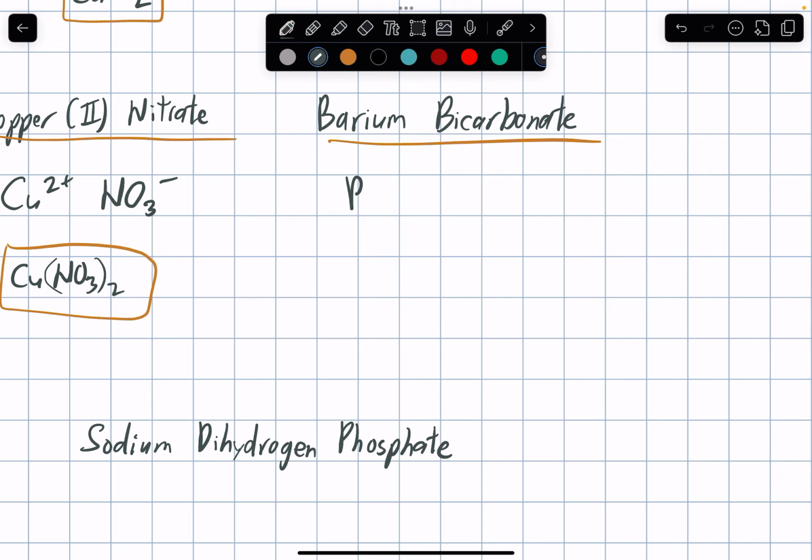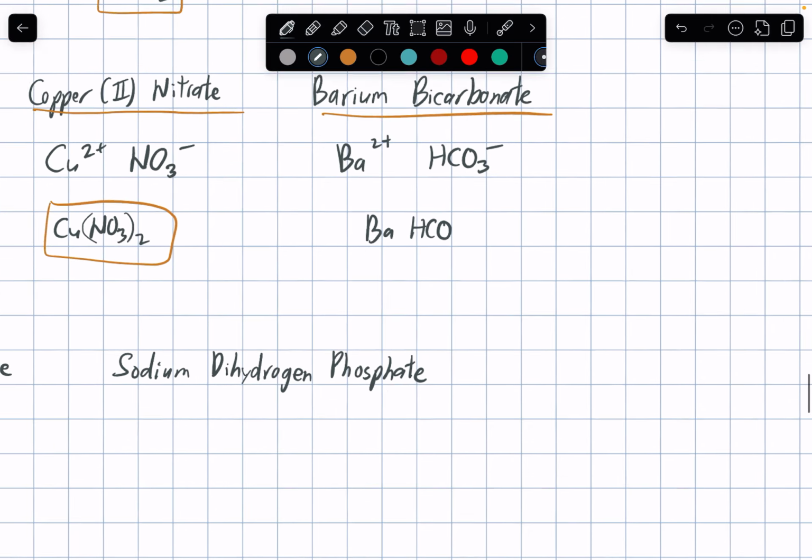How about barium bicarbonate? So Ba, barium. Where do you find barium in the periodic table? This is in group 2, alkaline earth metals, so that's 2+ ionic charge. Bicarbonate is HCO3 minus. So bring down. Let me just finish this.